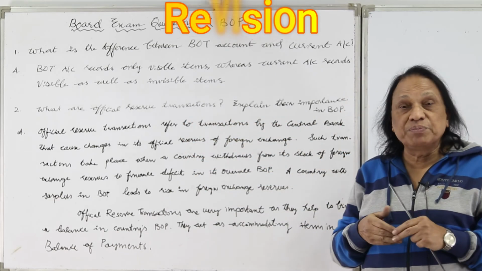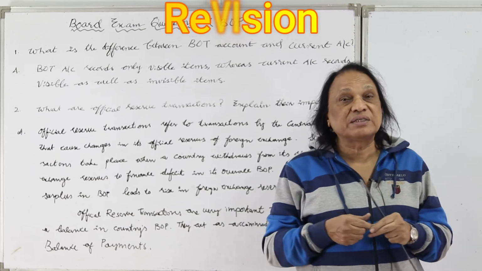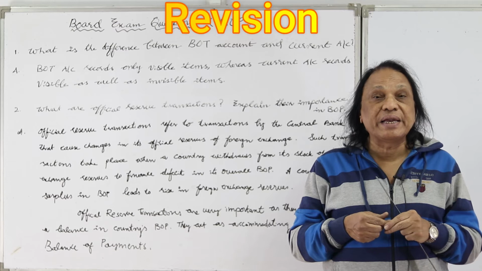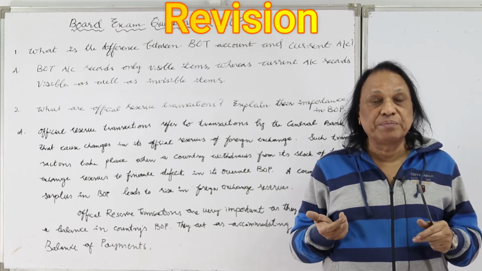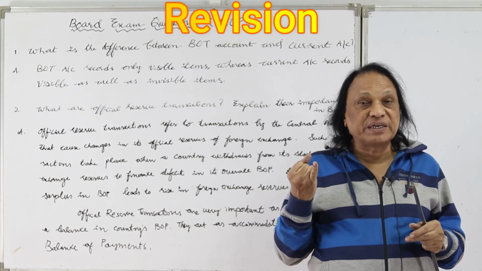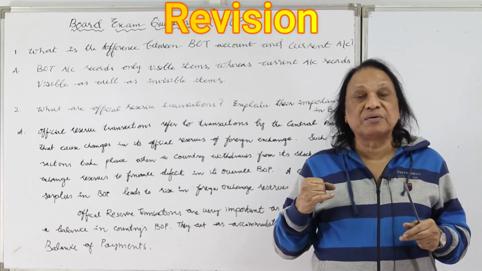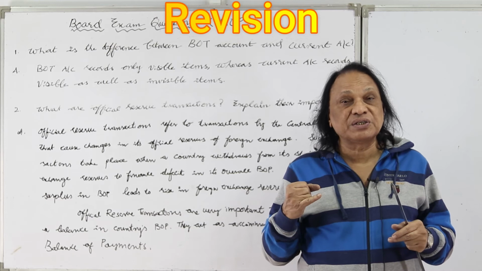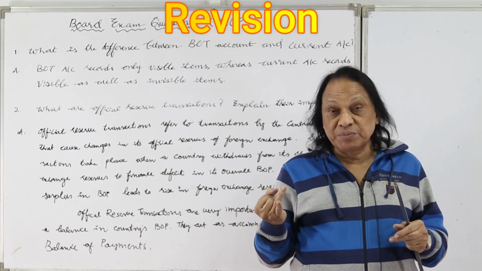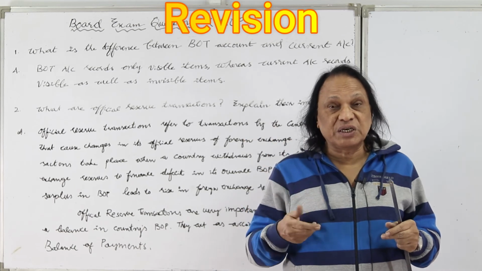Explain their importance in BOP. Official reserve transactions help to maintain a balance in balance of payments. How do they help? Number one, in case of deficit, we can take from official reserve transactions to plug the deficit. In case of surplus in BOP, the official reserve transactions will go up.